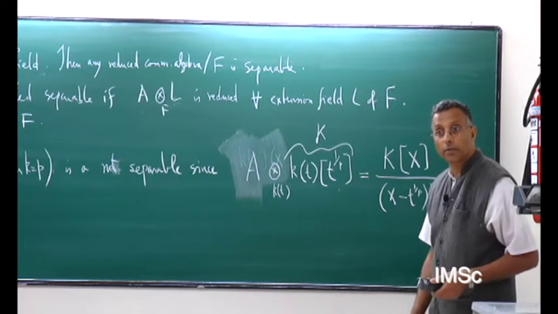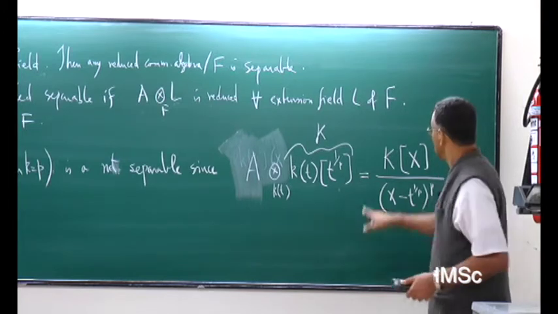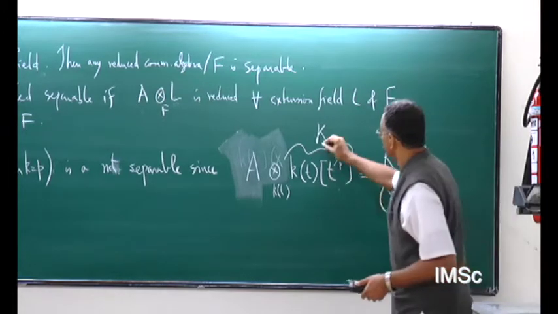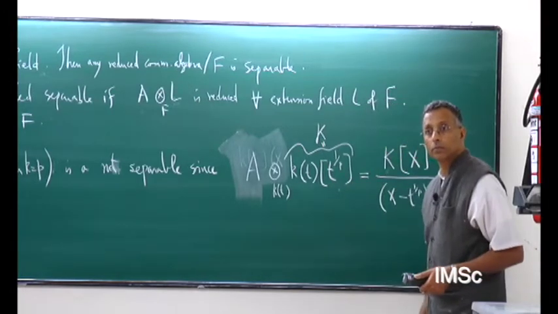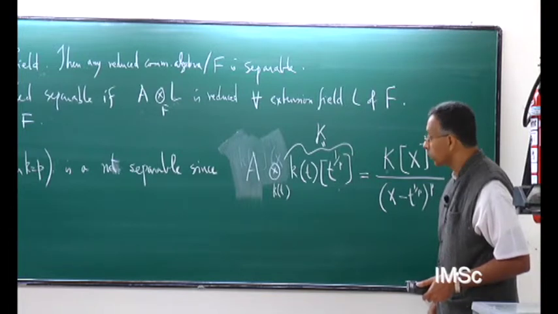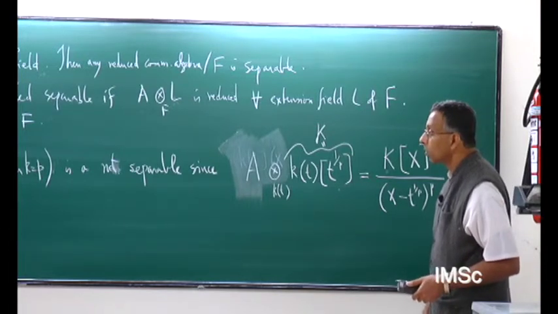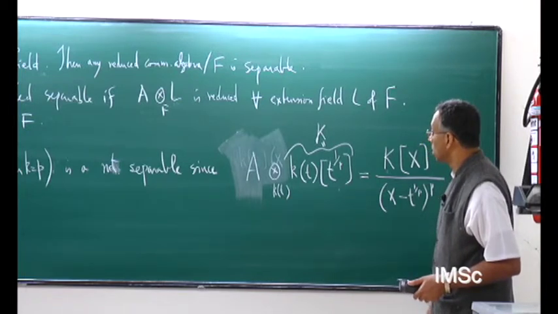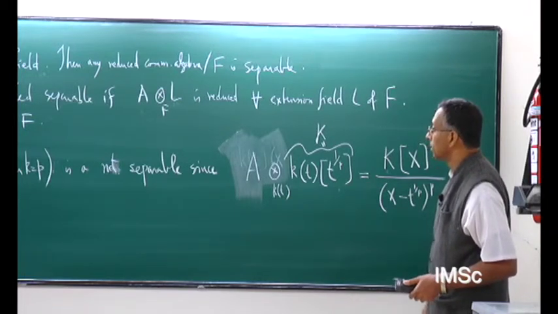Is that all right, what I've written? Adjoining a pth root of t to K(t) is what A is.